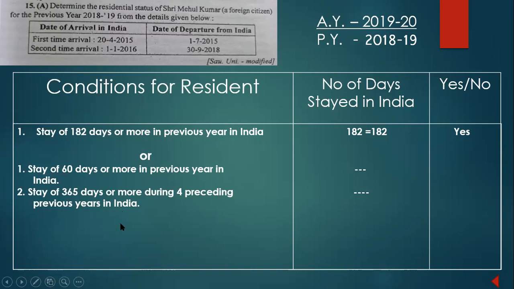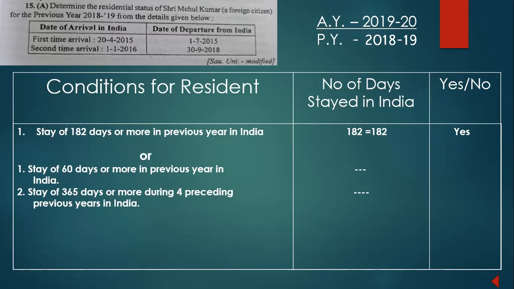You have to make the table, and you have to write down the conditions for each and every sum. This condition is stay of 60 days or more in previous year in India, and 365 days or more during the 4 preceding years in India. But we will not do the calculation because our first condition is already fulfilled. So now he has fulfilled the condition for residence.